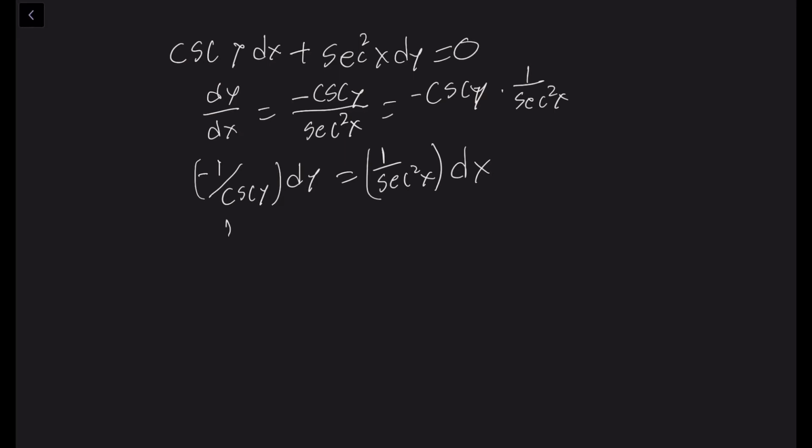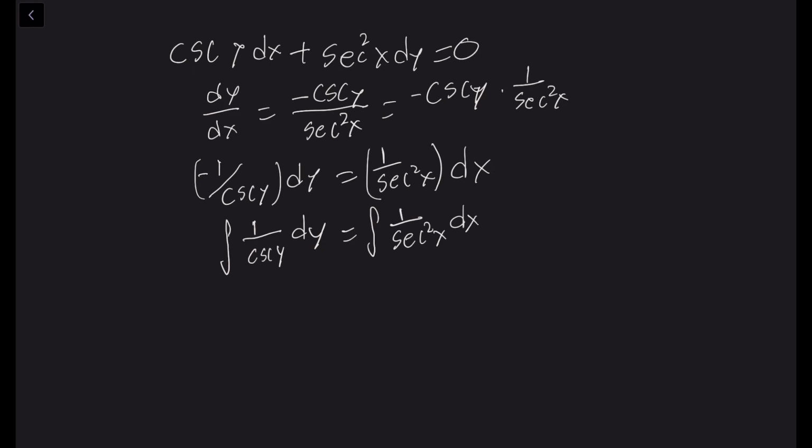our next step is going to be to integrate each side. Now this is more of the complicated part and where memorization is going to help. Because if you remember back from Calculus 1 and 2, we can transform cosecant y and secant squared x into different, more easily manipulated formulas.